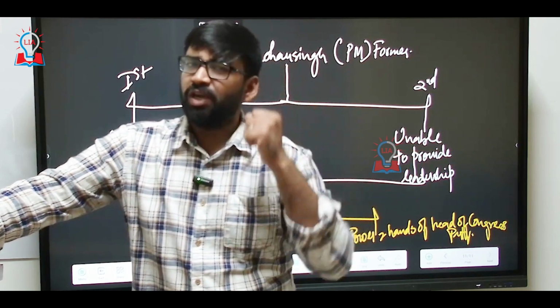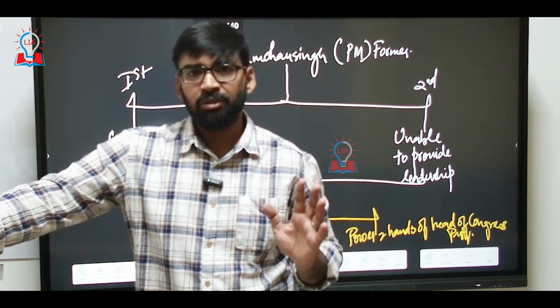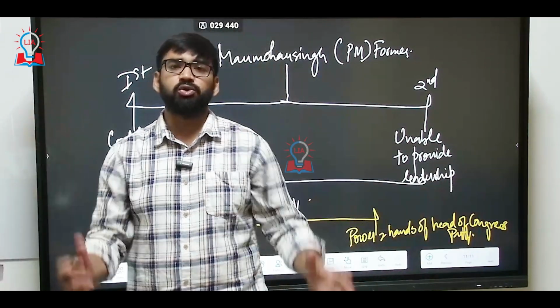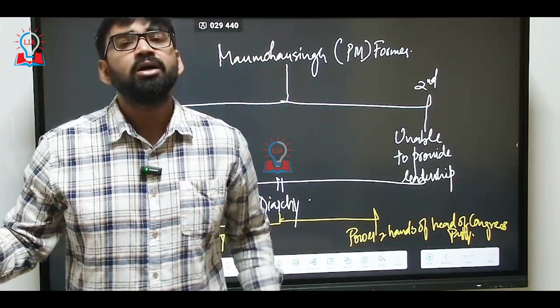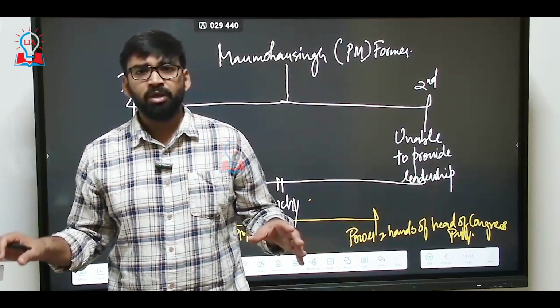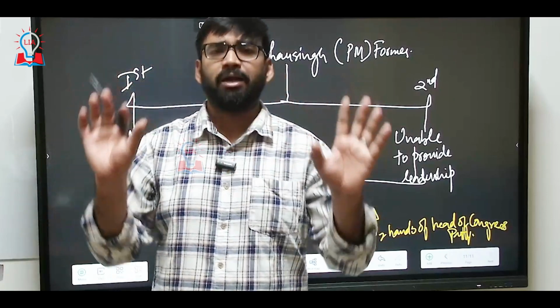If the leader is weak, then the power will be in the hands of cabinet ministers. This is the issue which is also there in the news. Clear everyone? So I hope this much is clear to all of you. We have discussed this issue in a very simple manner.